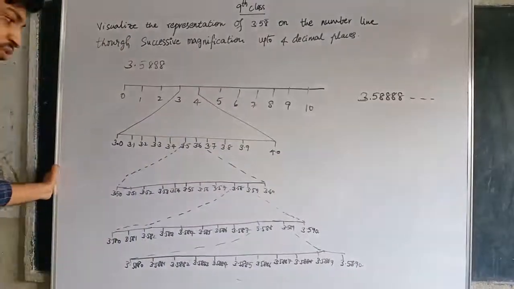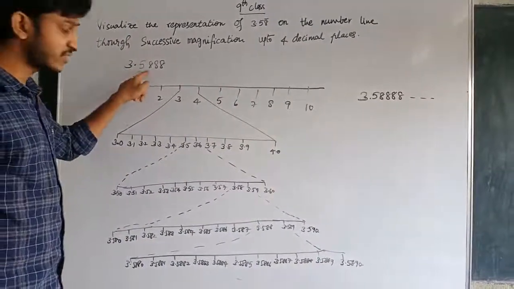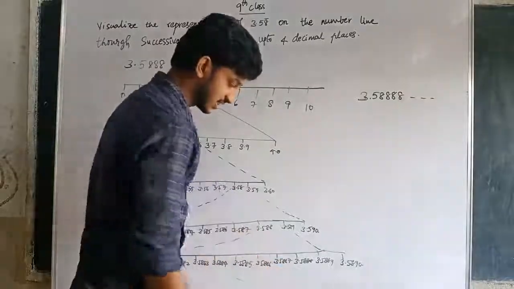So what is the number we want? 3.5888, and it is here.